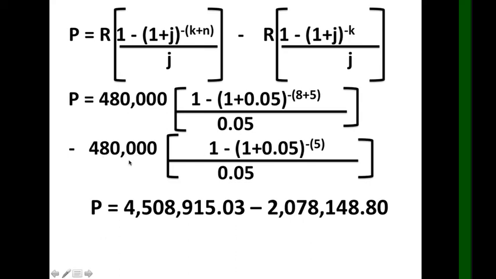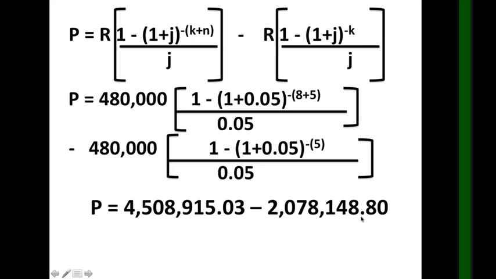Next, copy the minus sign. Then, on your calculator again, 1 minus open parenthesis 1 plus 0.05 close parenthesis raised to negative 5. Click equals, divide by 0.05, click equals, multiply by 480,000, click equals, and you will get 2,078,148.80.